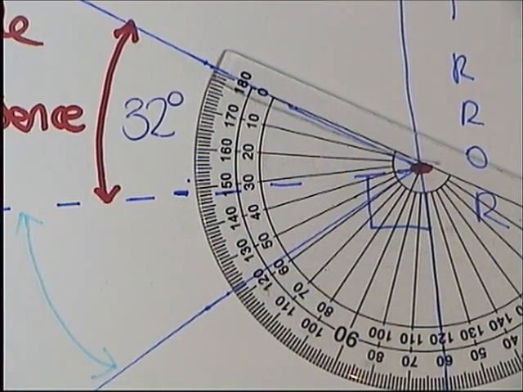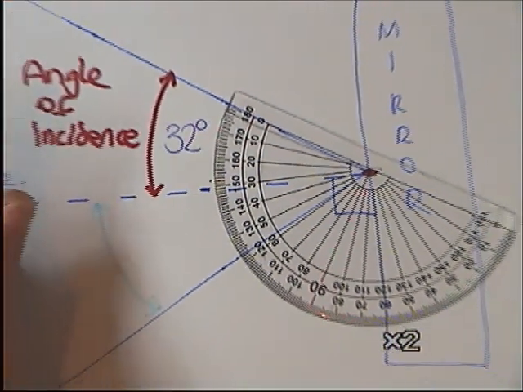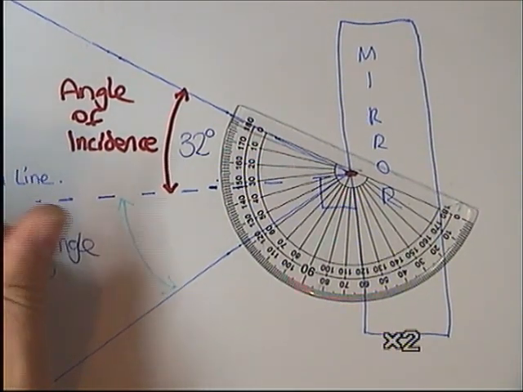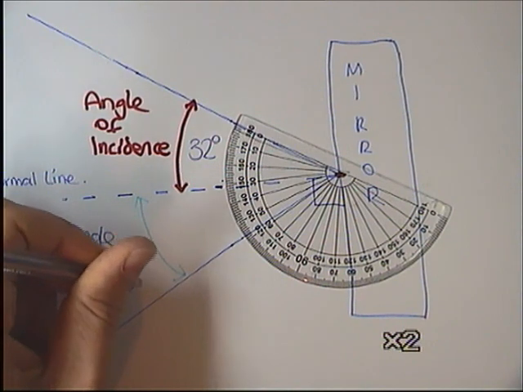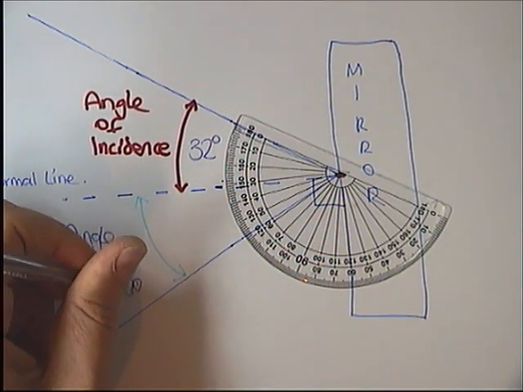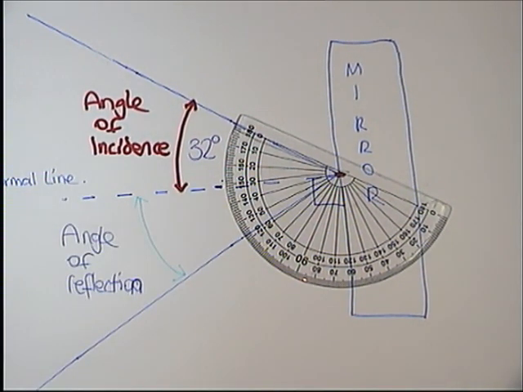If I look at the other side now, I can measure the other angle which I've drawn in light blue. This angle is called our angle of reflection, and it's called the angle of reflection because it's the angle at which light bounced off of the mirror, reflection with an N on the end. So I have to measure this one as well.